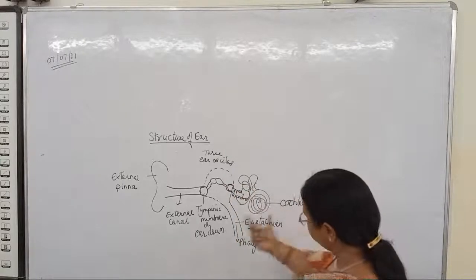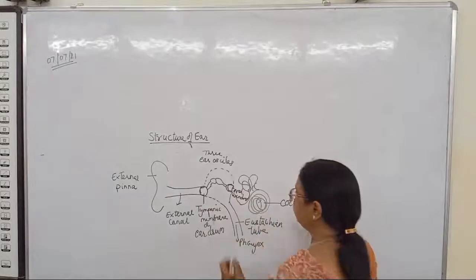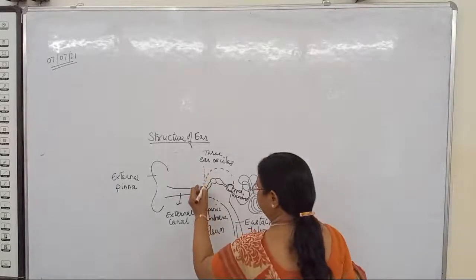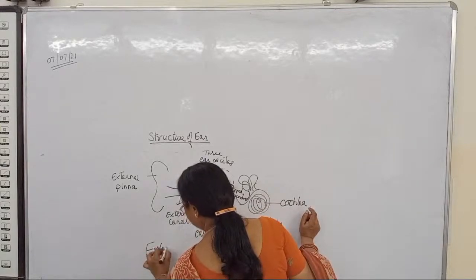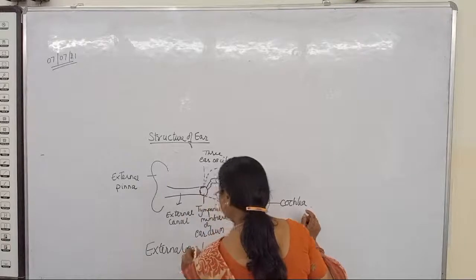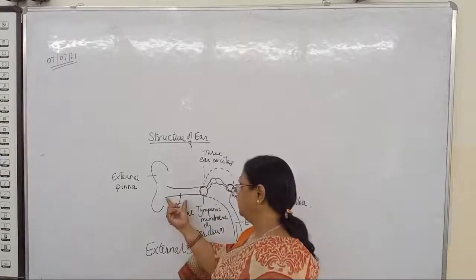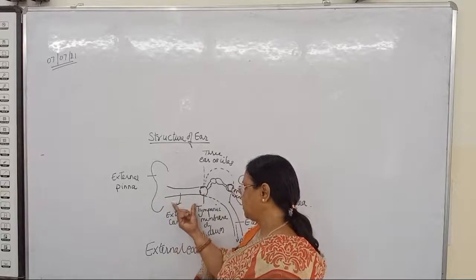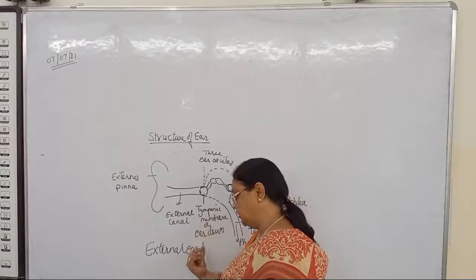Now, to simplify it, we divided the ear into three parts. The external ear, which comprises the external pinna, external canal, and it ends in the tympanic membrane or eardrum.